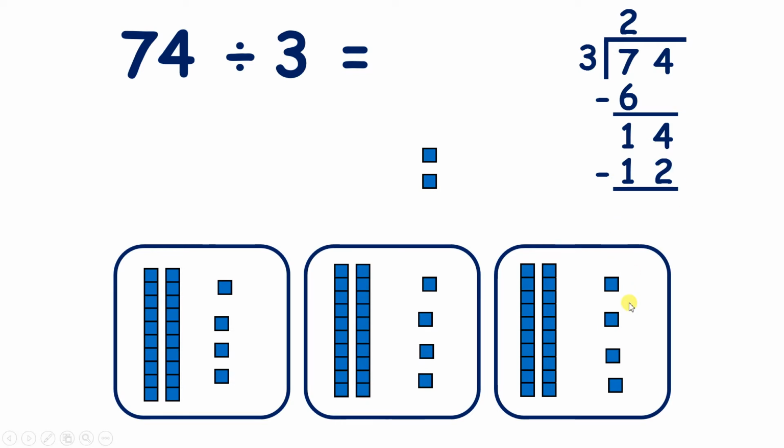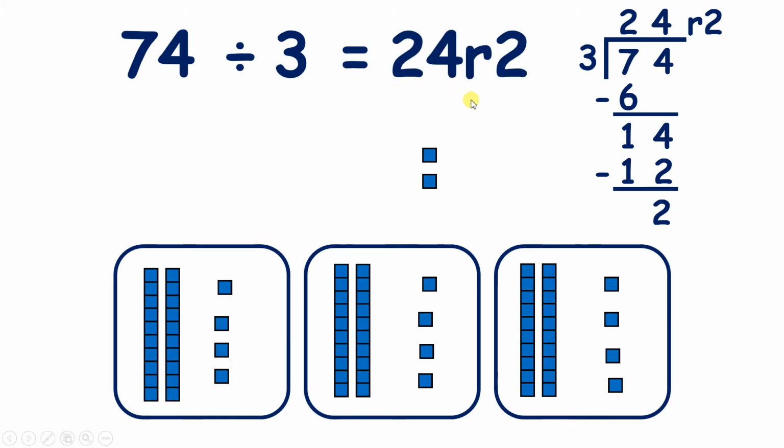And we have 4 units in each group because 12 divided by 3 is 4. Now 14 minus 12 is 2, which tells us that we have a remainder of 2. So 74 divided by 3 equals 24 remainder 2.